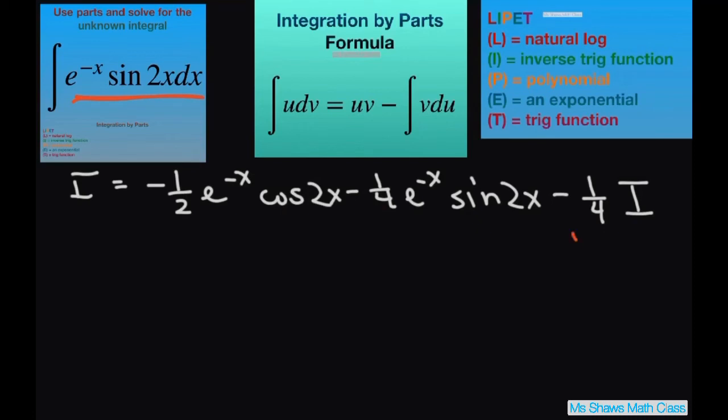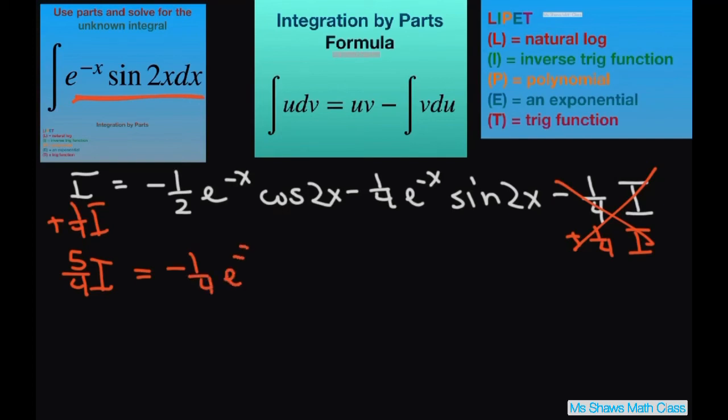Now I'm going to add 1/4 I to both sides of the equation, and this is going to give you 5/4 I. Now that that's gone, the next step is to factor out a negative 1/4 e to the negative x.